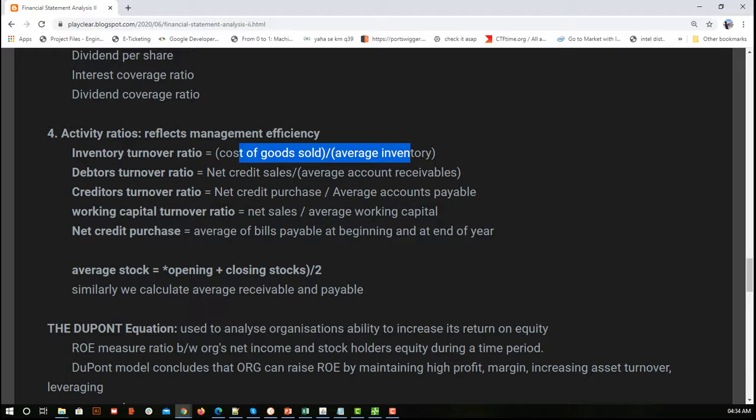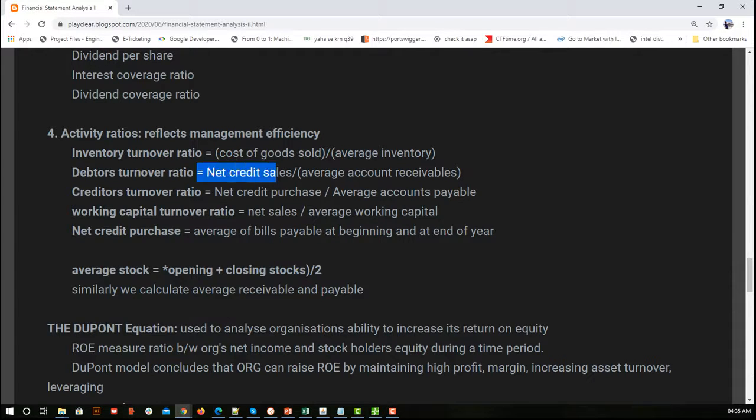Next we have the debtors turnover ratio. Debtors means the amount receivable. If the amount receivable is more, then it is good for the organization. But here it is not about how much has to be received.